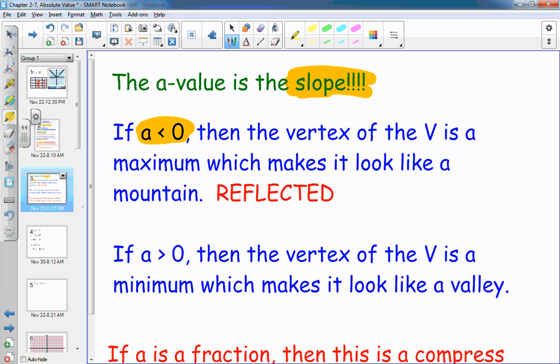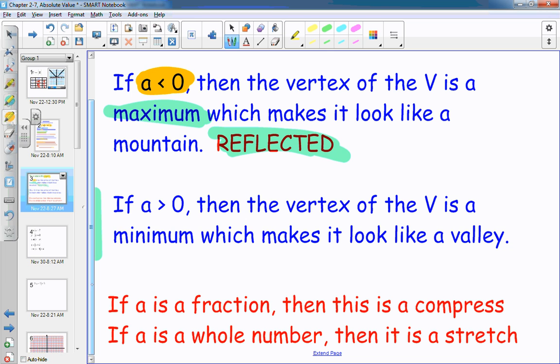It's reflected and it turns into a what? A mountain. It now has a maximum because it's reflected. Now, if a is greater than 0, then it's just how we typically know it: it has a minimum value and it looks like a valley. Okay?